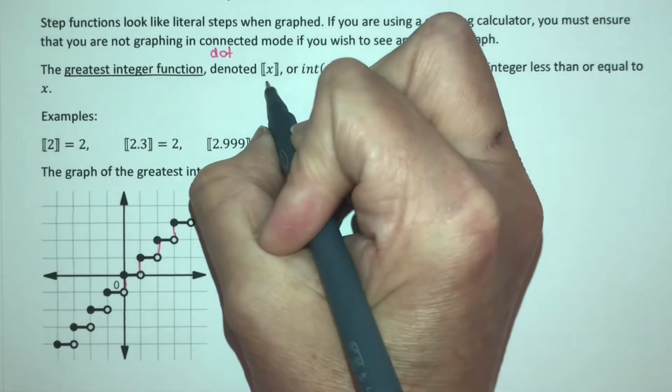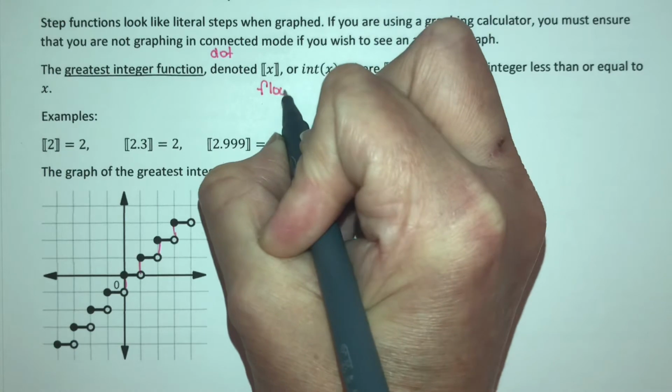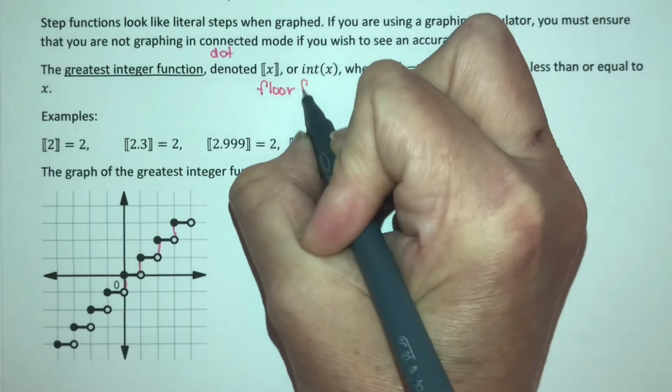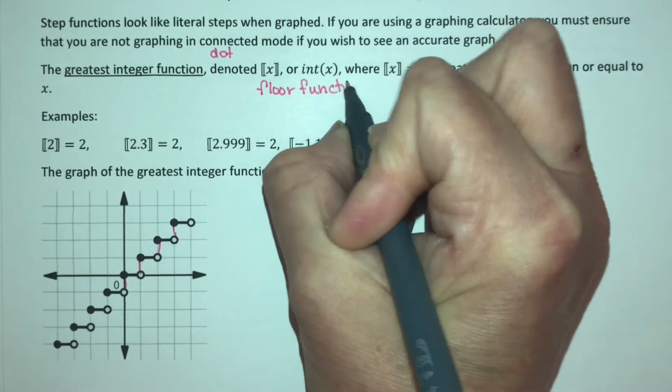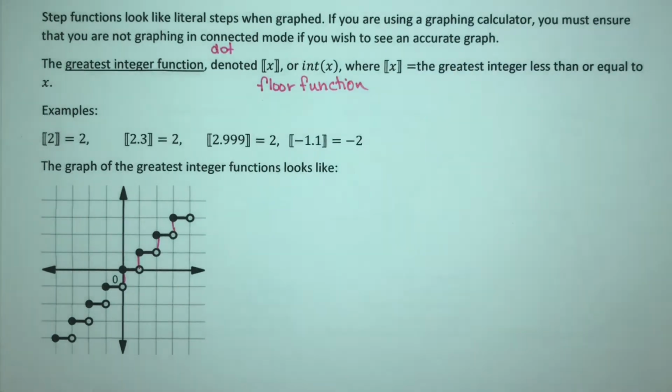But it's also called the floor function. This is a concept that appears in multiple areas. It comes up in physics and in computer science, and they all have their own notations and vocabulary, even though it's all the same idea.